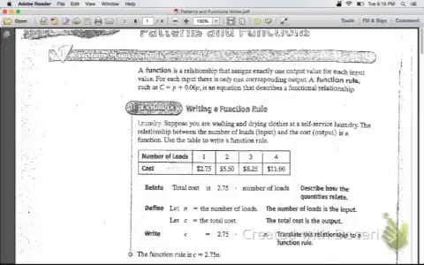So when I look at these, I want to see how they're changing. One way is looking at the number of loads. Each time it goes up by 1, right? So it's increasing by 1, or adding 1, in the domain. And then how is it changing down here?